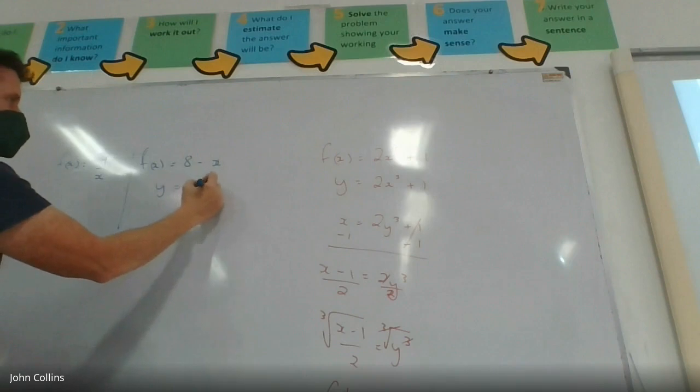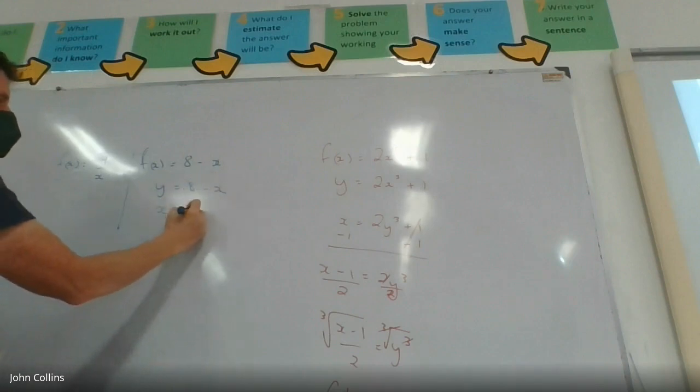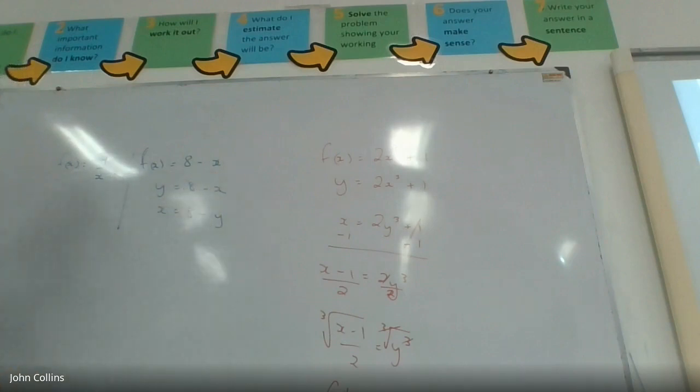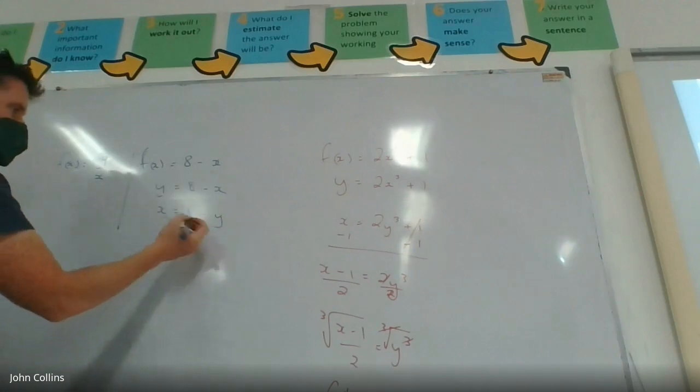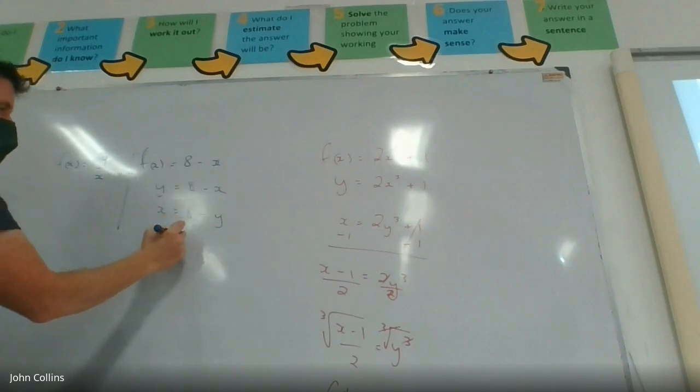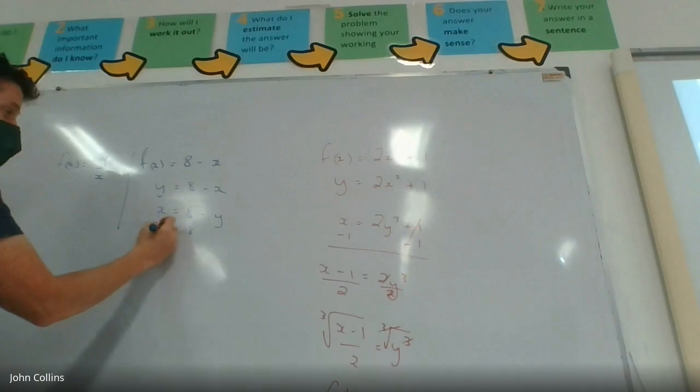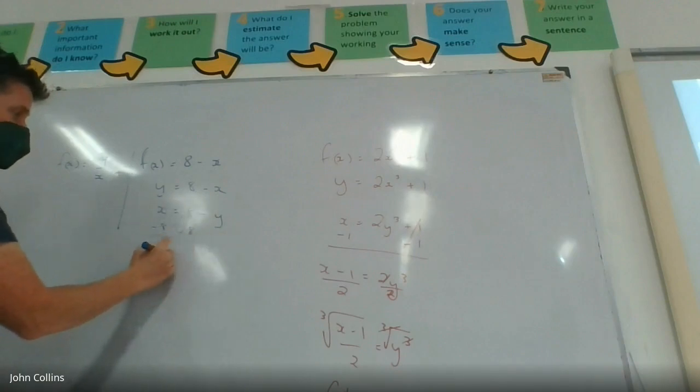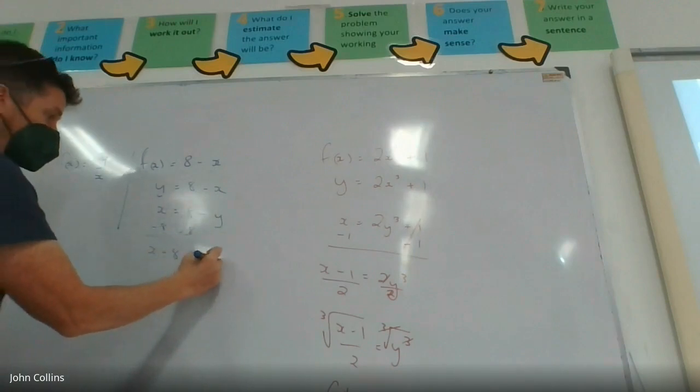So y is equal to 8 minus x. Swap the variables, so x is equal to 8 minus y. Solve then for y. So I'm going to subtract the 8 from both sides. It's a good step to get rid of that 8. So x minus 8 equals minus y.